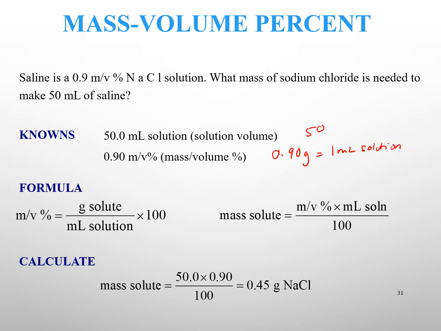Not 1 mil, 100 mils. If you do that, you literally get the same formula, because you see 50 mils of solution, and you have 100 mils of solution, and 0.9 grams. And you get the same answer.